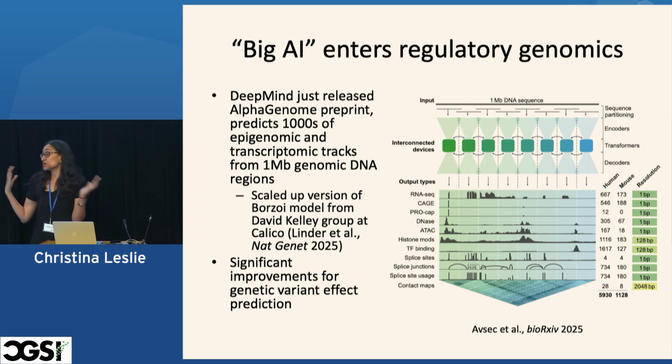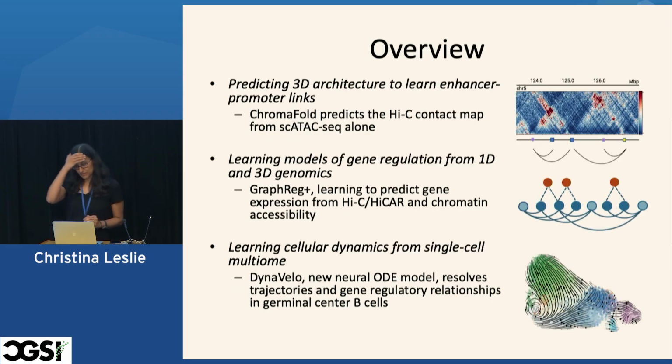Okay, so you can use these big models, you can put in the reference genome, you can put in the alternative, you make some predictions about how it would affect chromatin accessibility or transcription factor binding or splicing, okay? So that's on its way.